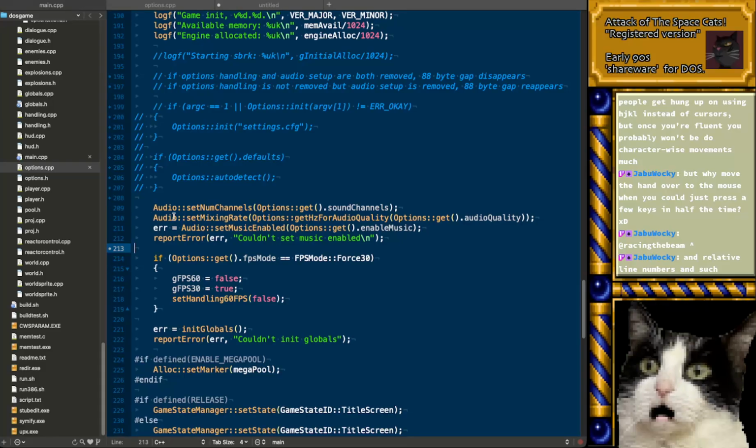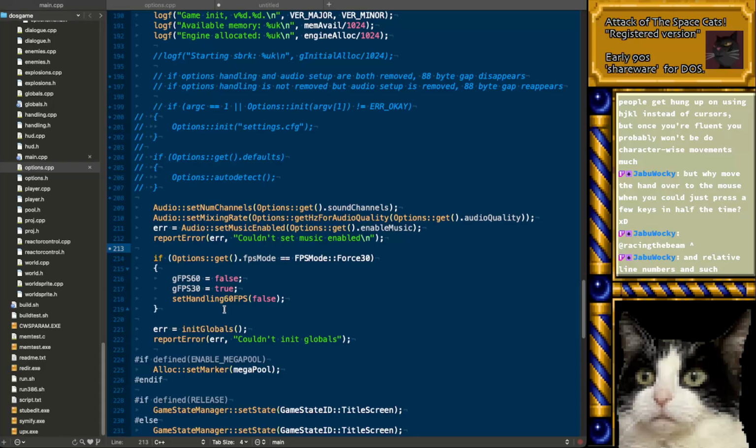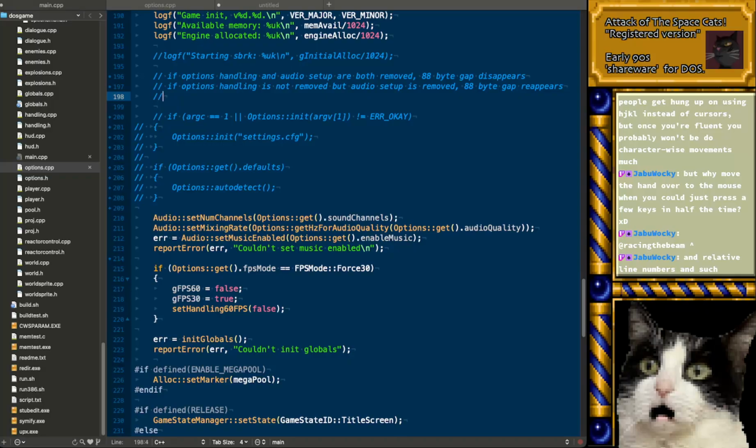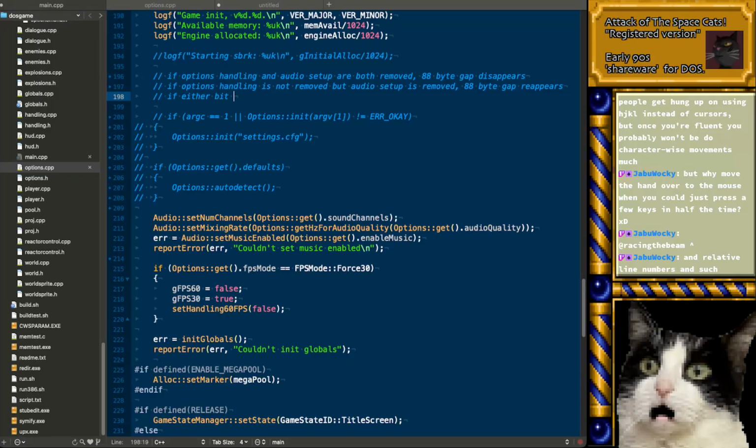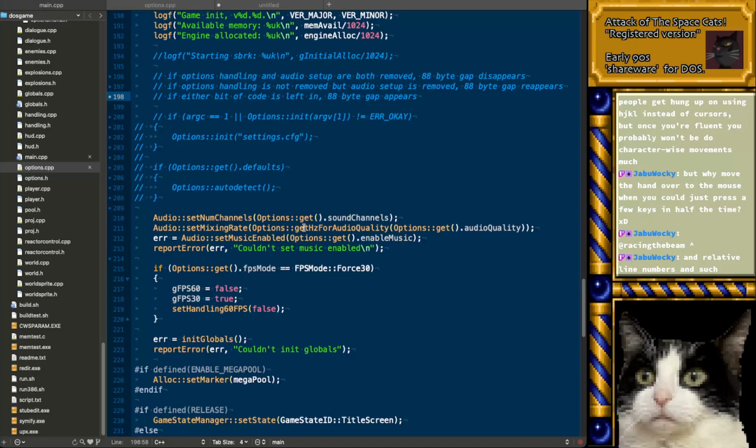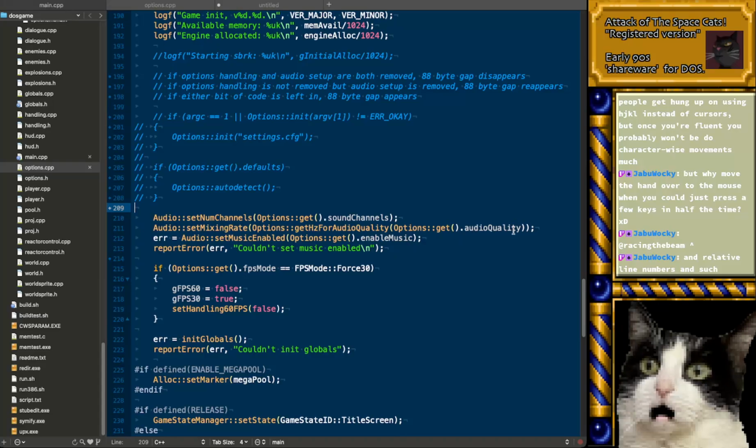Right, so both of these chunks of code caused that 88-byte gap to appear. Getting stuff out of options, which is just a struct. What happens in audio?